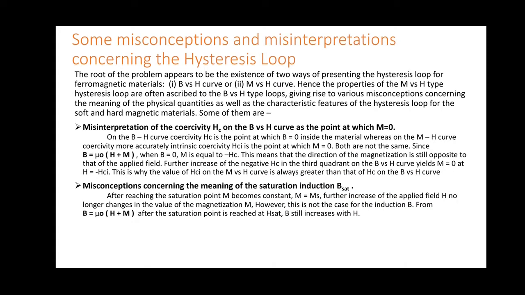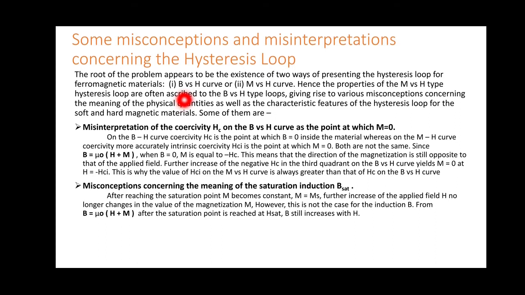As I have said previously, there are some misconceptions and misinterpretations concerning the hysteresis loop. The root of the problem is the existence of two ways of presenting the hysteresis loop for ferromagnetic material.